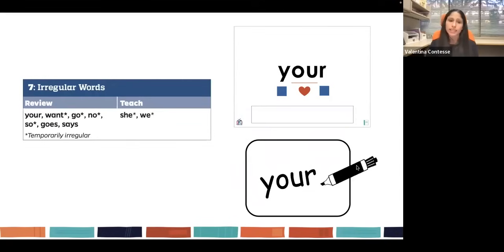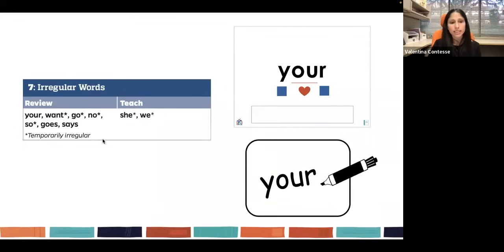In the lessons, it will typically have both review words and teach words. Most lessons have you practice words that have already been introduced and you're reviewing them now, and typically have words that you're teaching for the first time. Some of the words will have asterisks next to them, and that means that these are temporarily irregular words based on where students are in the scope and sequence and what lesson you're on.